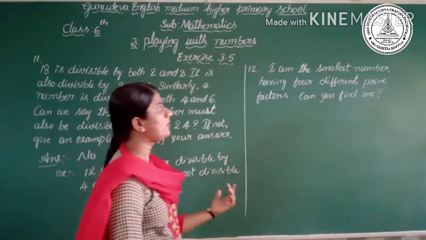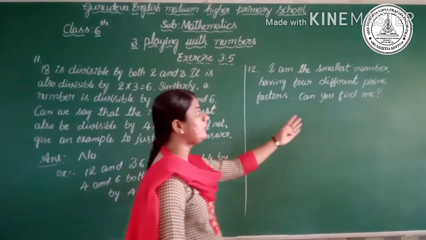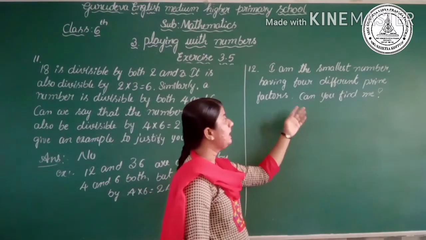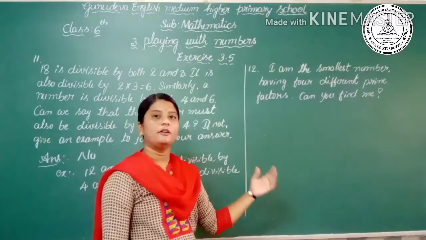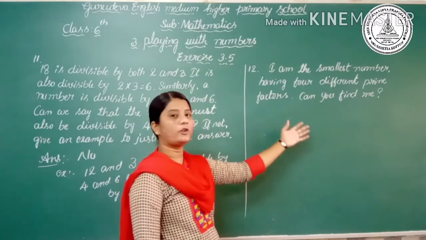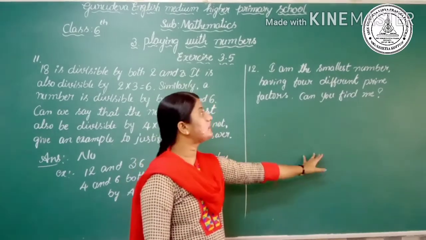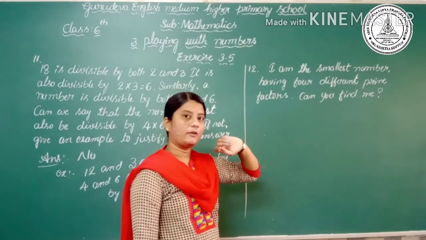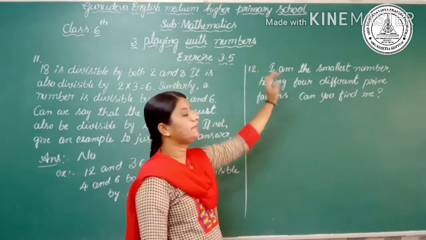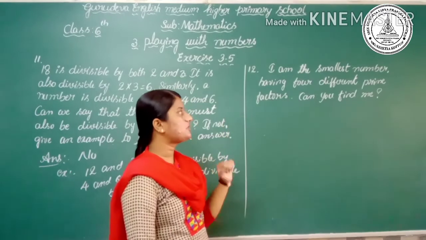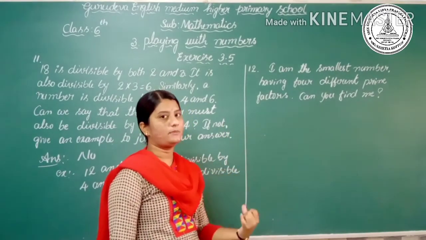I am the smallest number having 4 different prime factors. Can you find it? Yes, first we try the smallest 4 prime numbers. Then the product of those prime numbers is the required number. That is the answer. Okay, first write here the smallest 4 prime numbers.